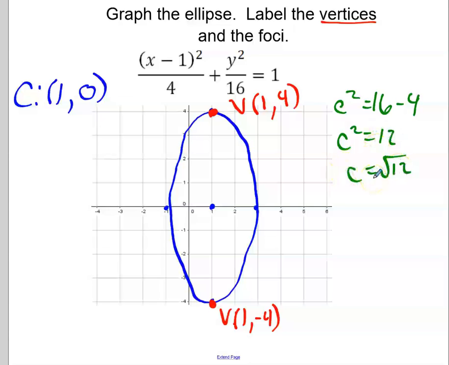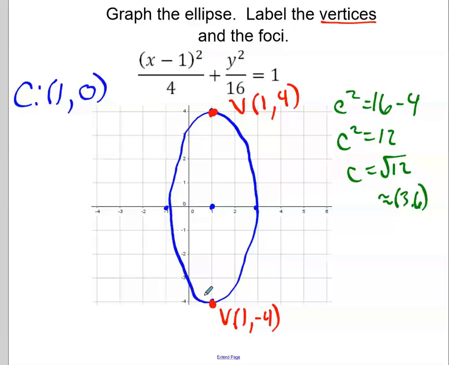And so this time, because our major axis is vertical, it's a tall ellipse, not a wide ellipse. When I count c, which is about 3.5, 3.6-ish, that I'm estimating in my head, not using a calculator, so we don't have to be super precise on that.